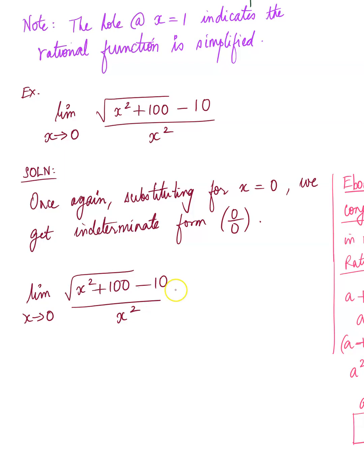For the numerator, the conjugate of the square root of x squared plus 100 minus 10 would be the same thing, equal and opposite. So in between, you bring in the plus: the square root of x squared plus 100 plus 10, over the square root of x squared plus 100 plus 10. Why are we doing that? Because you can't just simply multiply by its conjugate.